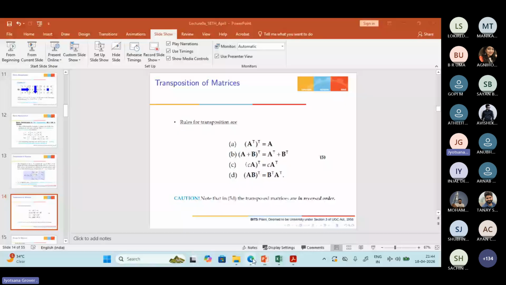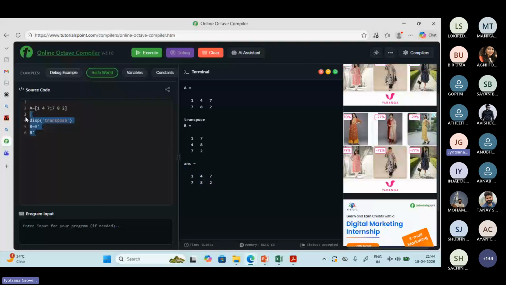So this is your A. Suppose B is 2 5 6, 8 9 1. Then you have A plus B transpose. Then you have A transpose plus B transpose.